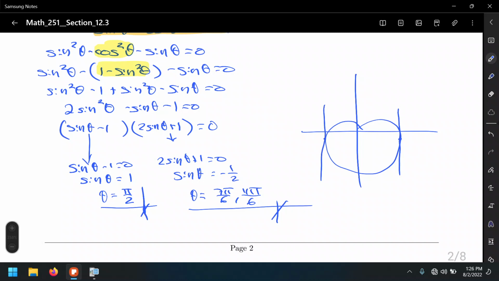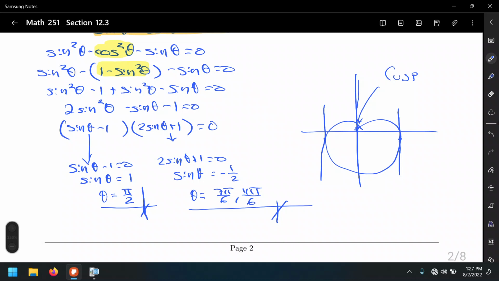And notice in this case pi over 2, that pi over 2 right here, which is this point right there, it's really not a vertical tangency. Do you see instead this is a cusp or a sharp corner?